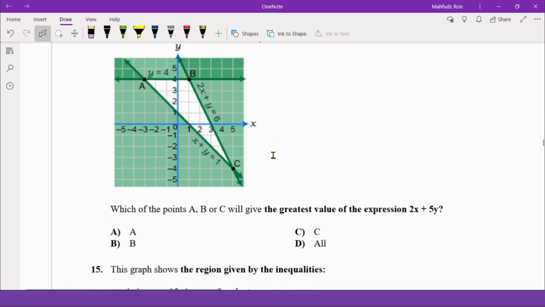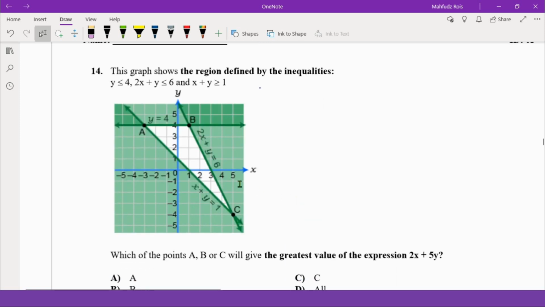Here we need to find which point, A, B, or C, will give the greatest value of the expression 2x plus 5y. Because we need to find the greatest, it means we need to find the point A.